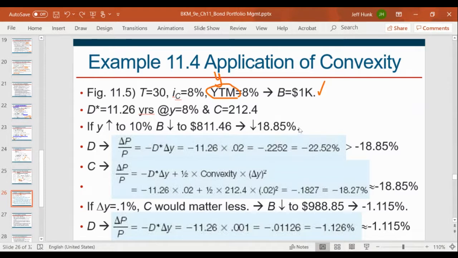So let's see how duration and convexity, which one will work better in predicting this. Of course, duration and convexity are given here, but we're going to verify this.